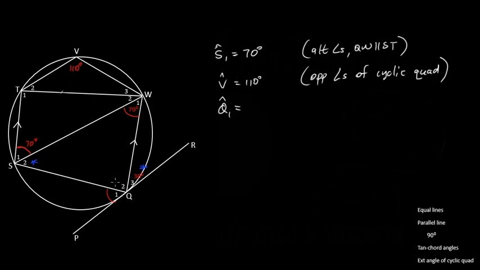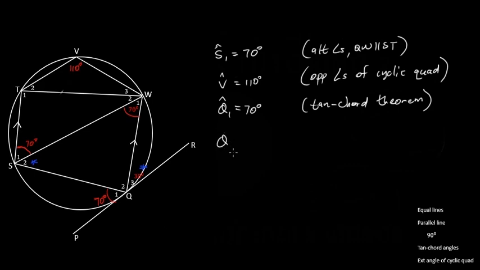Now, Q1 is a tan chord angle, so the relationship has to be tan chord theorem. According to tan chord theorem, Q1 equals W1, so Q1 is 70 degrees. Reason: tan chord theorem. And then you write your 70 degrees on the diagram, and Q1 then becomes a new starting point to say, what's the relationship between Q1 and the angle we're looking for?